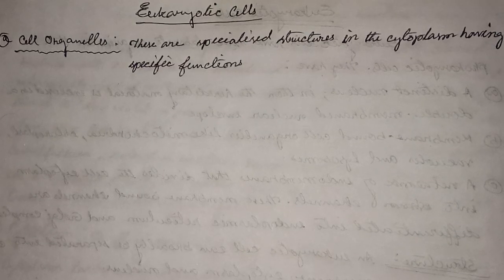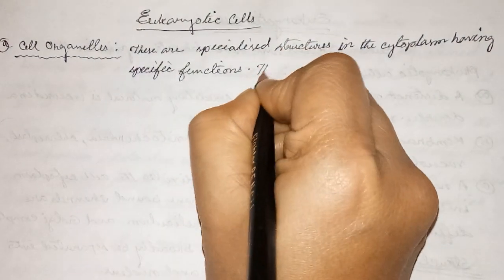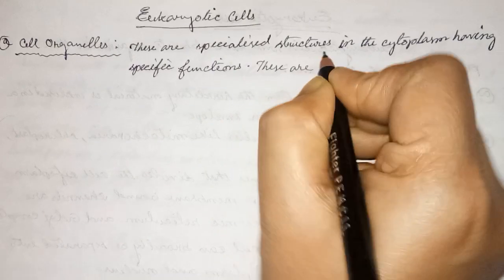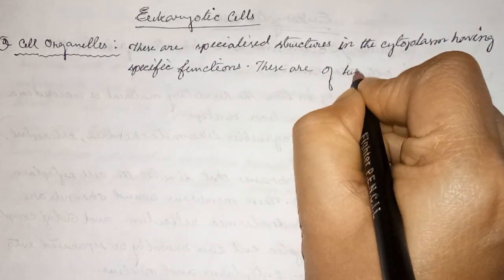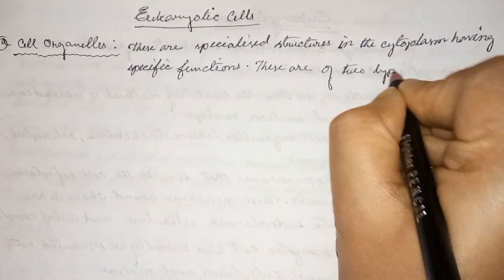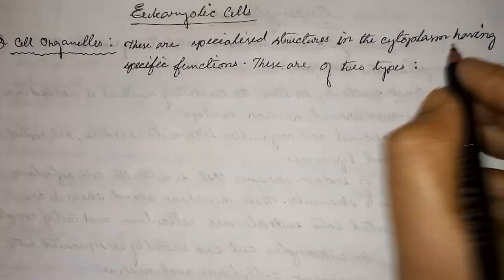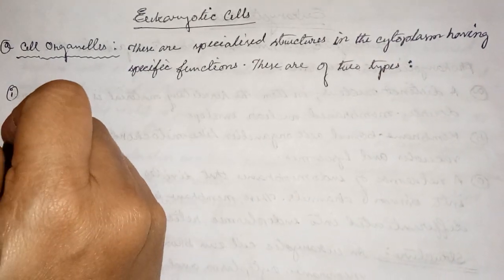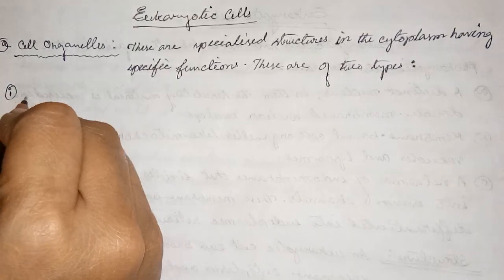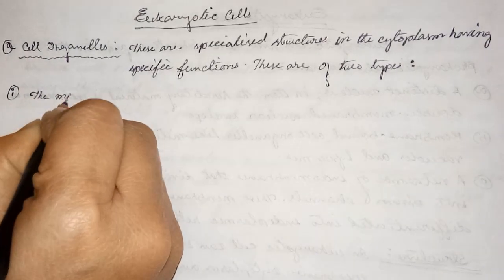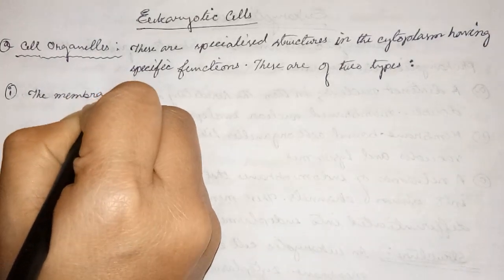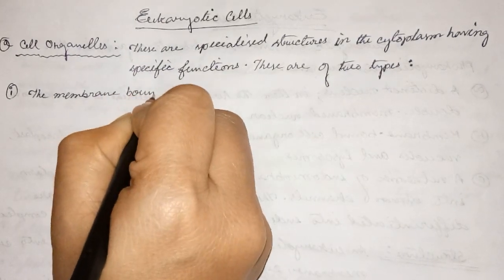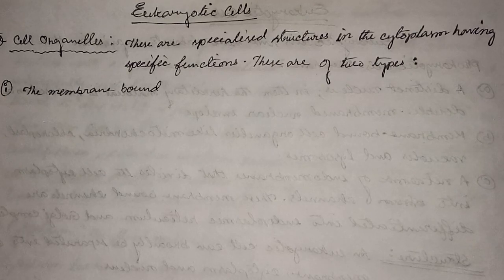These are of two types. One is the membrane bound and the membraneless organelles.